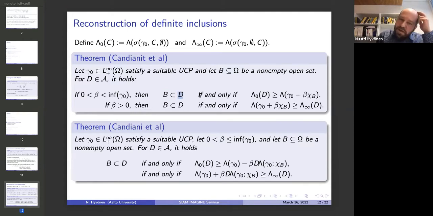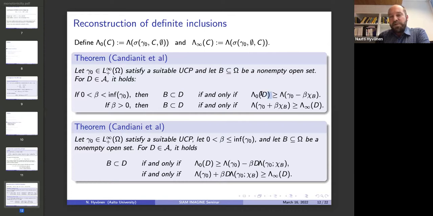The result is that it belongs to the to-be-located inclusion if and only if this condition holds. So what I do is that I have the inclusion D in the background, the insulating inclusion, and then I compare it to the background conductivity minus some positive number times the characteristic function of B, and this positive number is chosen so that the conductivity stays positive.